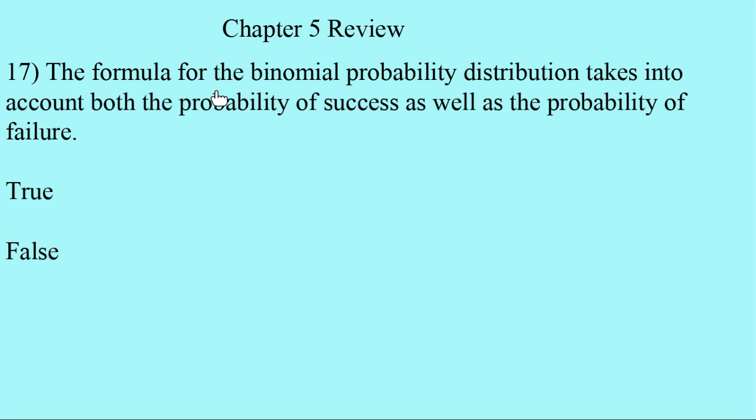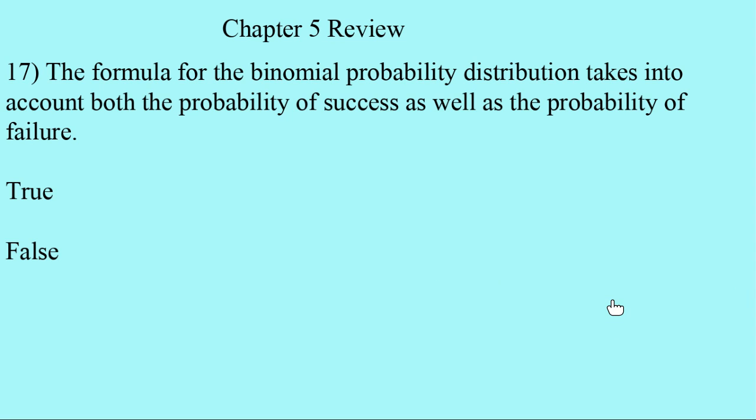Okay, question 17. The formula for the binomial probability distribution takes into account both the probability of success as well as the probability of failure. True or false? So what do you have for your answer for question 17?